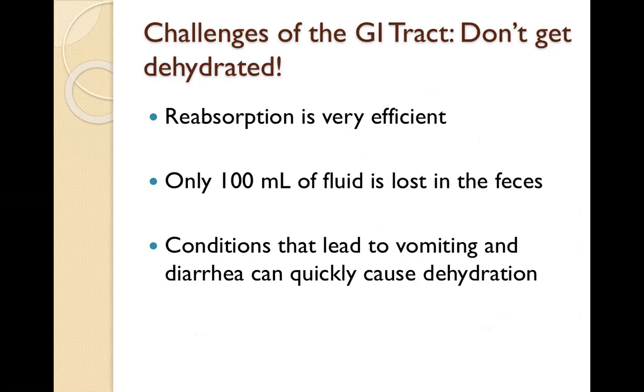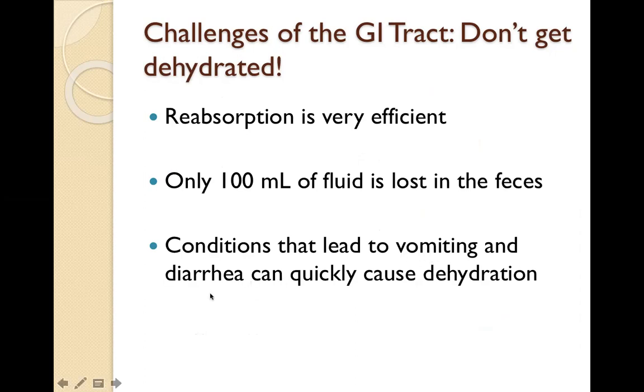The major way is that the absorption process within the GI tract is very efficient. In fact, we only lose about 100 mL of fluid from that 7 liters. And there are some conditions that can lead to very quick dehydration. So if we're unable to keep things down, or keep that external fluid that we take in, because of, say, vomiting, we can very quickly get dehydrated.